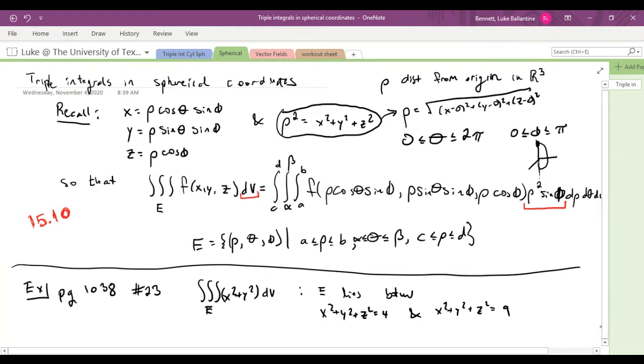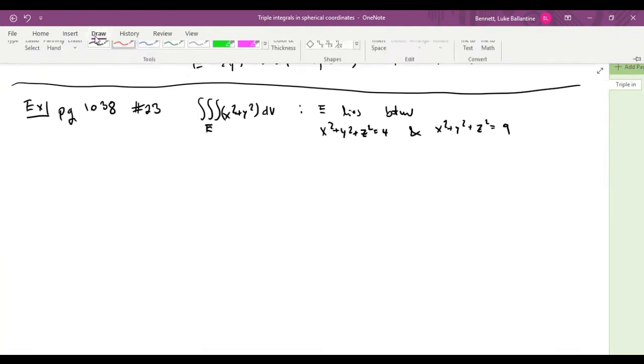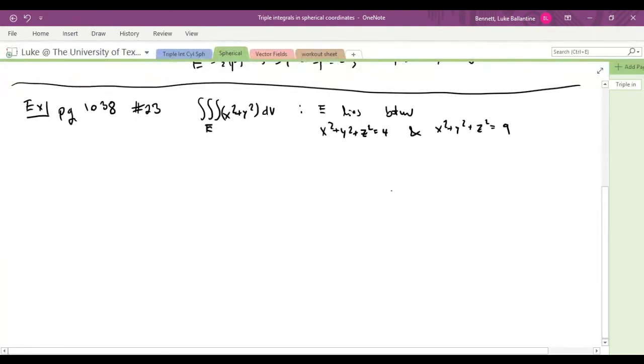So we can look at an example. Okay, so E lies between two spheres. We're integrating x squared plus y squared dV. So we can do this no problem. If we had a picture, it would look like this.